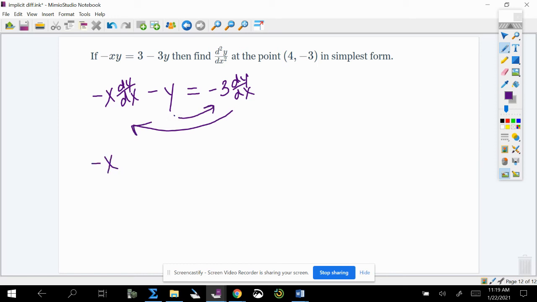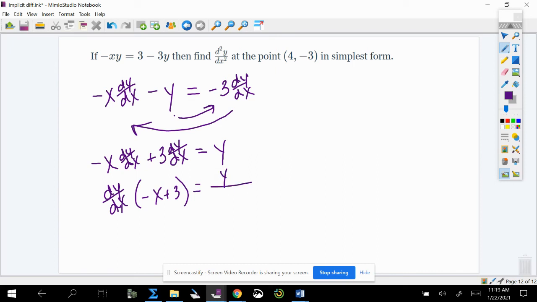So I have a negative x dy/dx plus a 3 dy/dx equals y. And then I'm going to factor out a dy/dx, which is negative x plus 3, and then divide both sides by that. Or you could write it as 3 minus x if you want. So that's my first derivative.